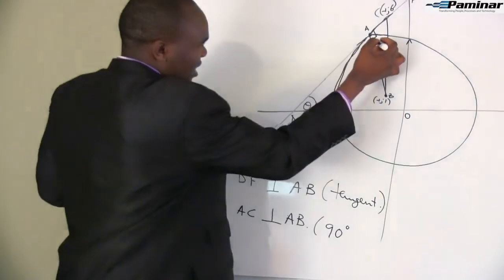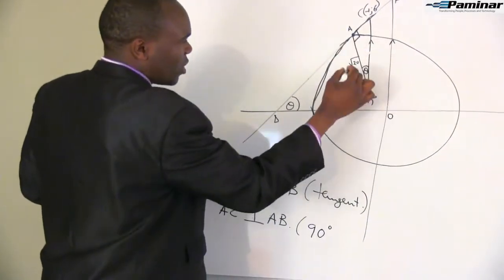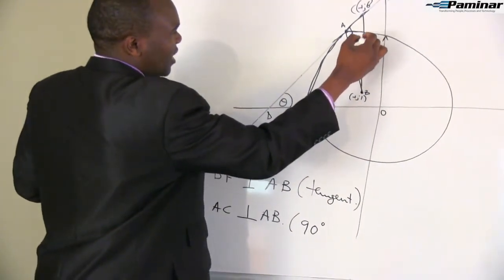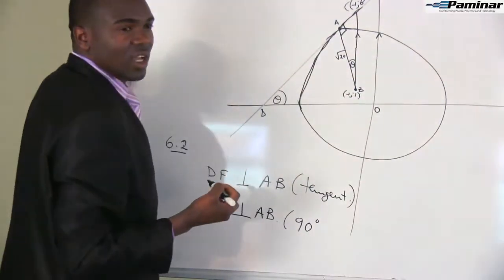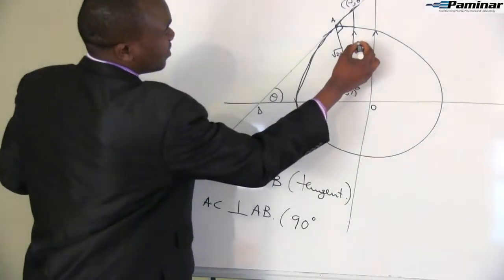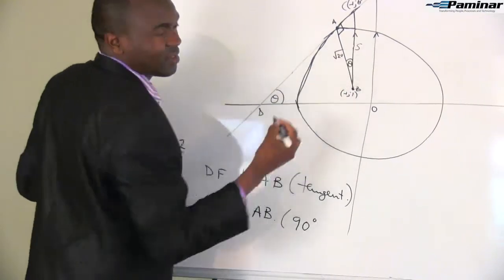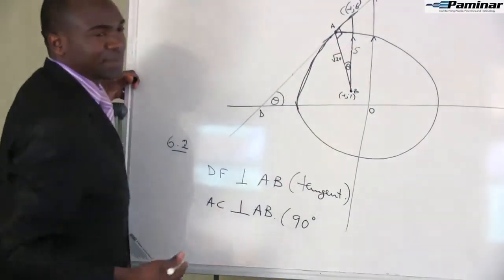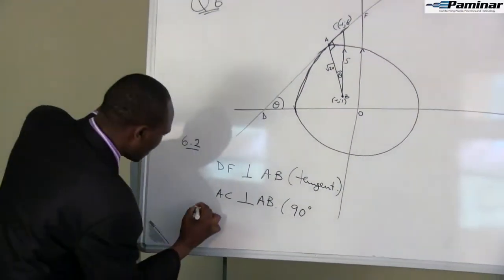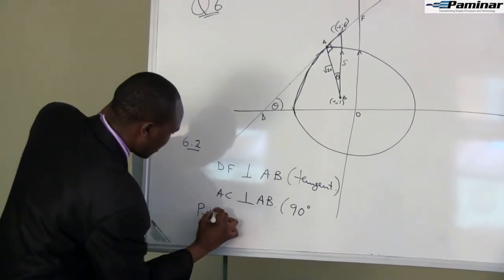If this is 90 degrees, this line we know is root 20, and this line is 5. How do we get this line? Now we use Pythagoras theorem.